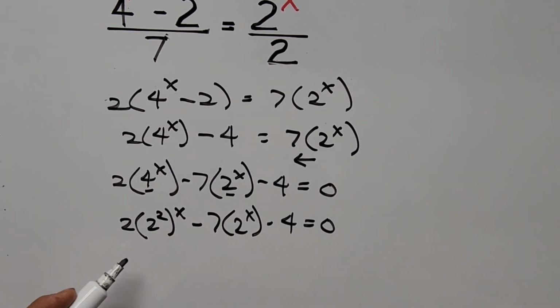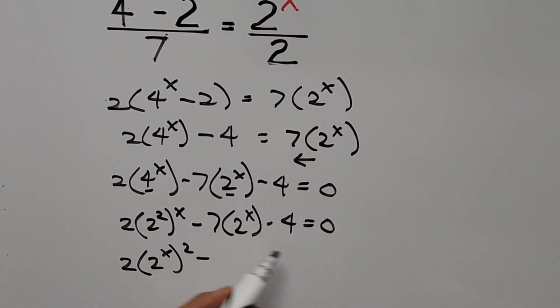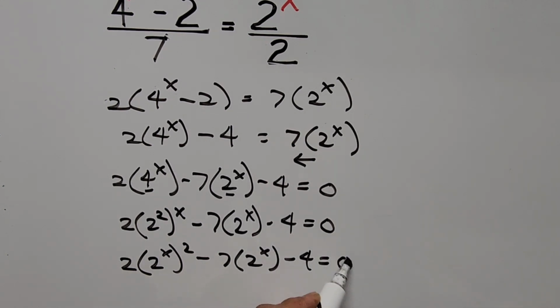The first term on the left can be written the same way as 2 times (2^x) squared. And the rest of the terms of the equation remain the same: 7 times 2^x minus 4 equals 0.